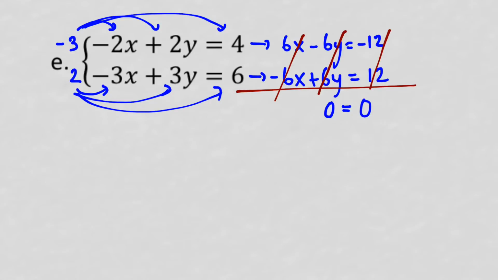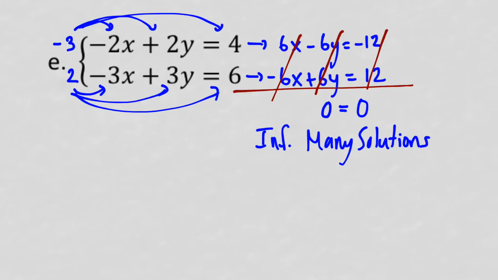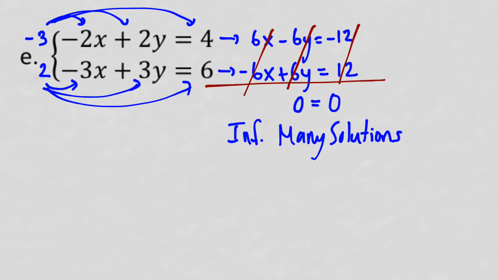Now, when this happens, that the x and the y both get eliminated, check the equation you get. If it's something that is true, then what we say is infinitely many solutions. If you end up with something that is not true, like 0 equals 5 or 0 equals some other number, then you say there are no solutions.